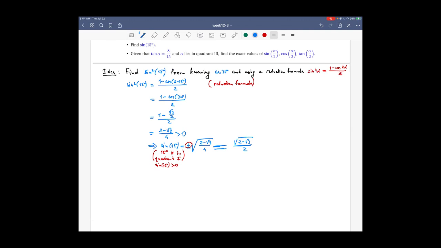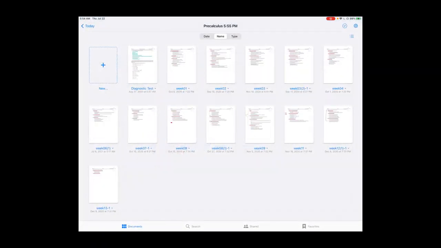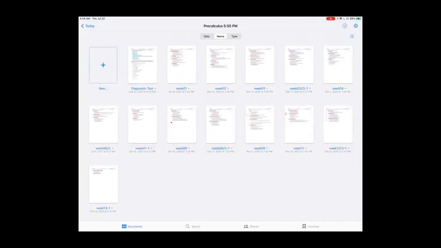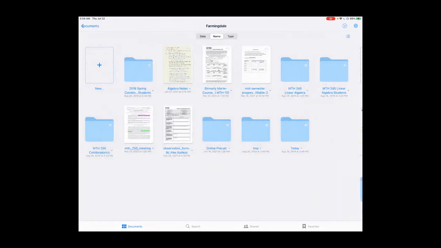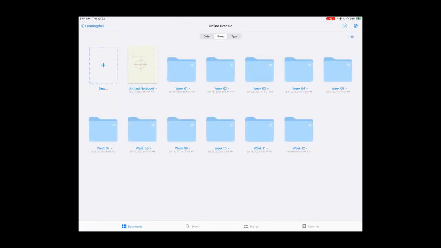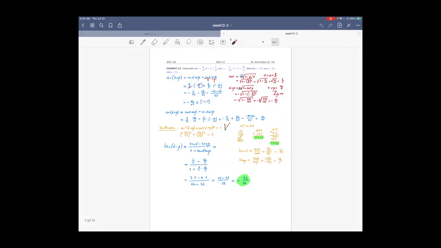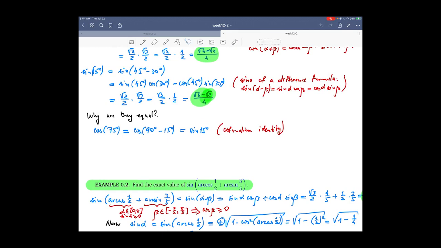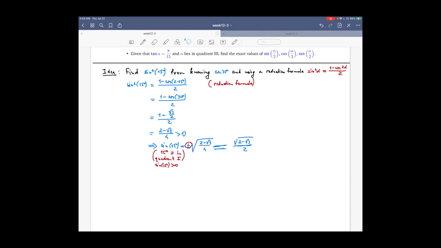I would like to point out to your attention the fact that we have already computed sine of 15 degrees once. Let me get back to that computation. That was our answer for sine of 15 degrees.